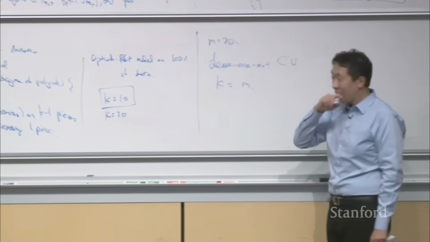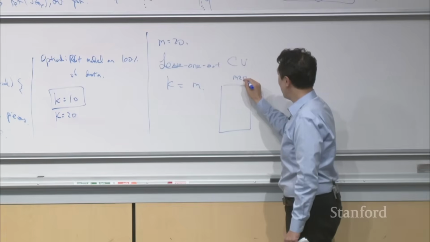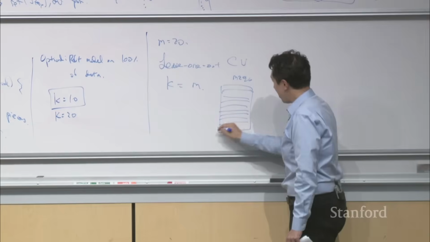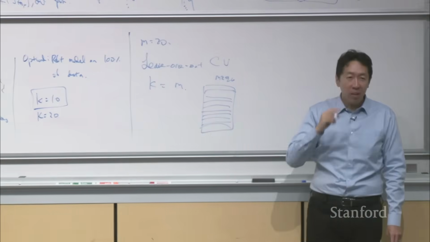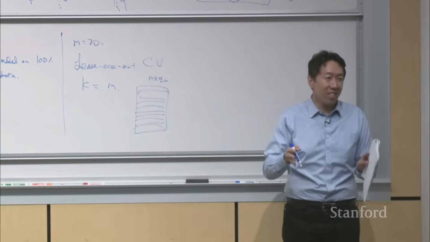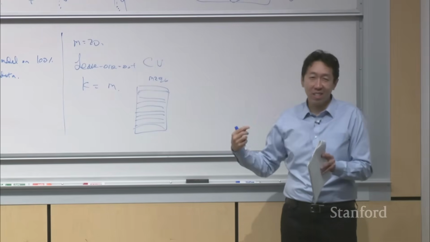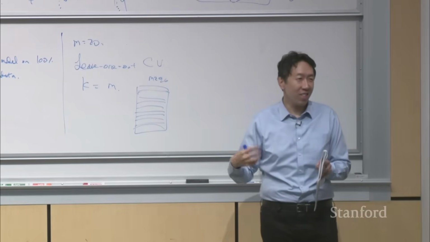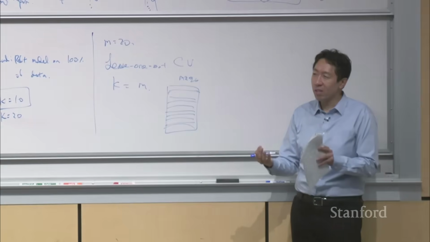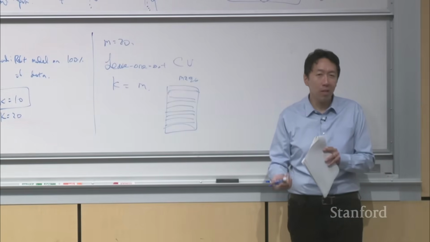So in other words, here's your training set, maybe 20 examples. You divide this into as many pieces as you have training examples. And what you do is leave out one example, train on the other 19, and test on the one example you held out. And then leave out a second example, train on the other 19, and test on the one example you held out. And do that 20 times, and then you average this over the 20 outcomes to evaluate how good different orders of polynomial are.